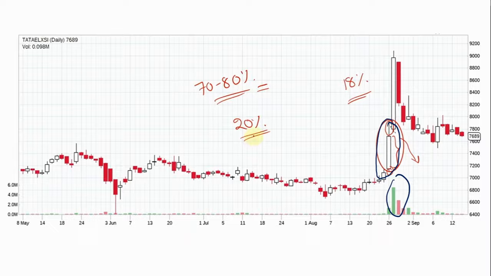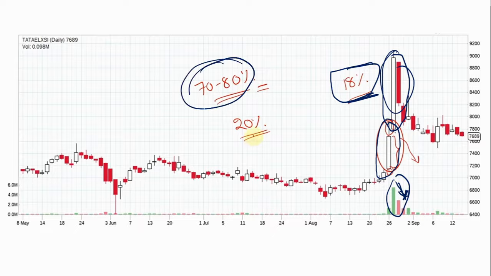Volume decreases here, yet the next day the stock increased 18%, isn't it? That's what I'm saying: this rule is true only 70 to 80% of the time. In the remaining 20% of cases it may be genuine and not a trap.